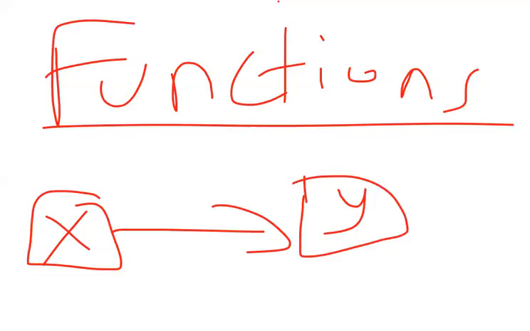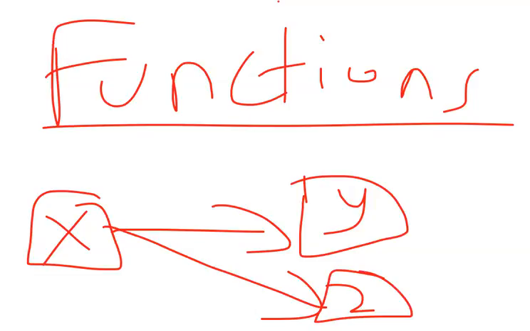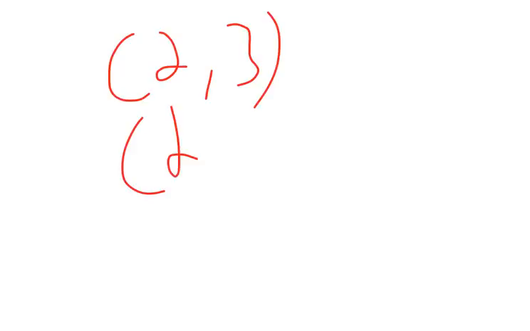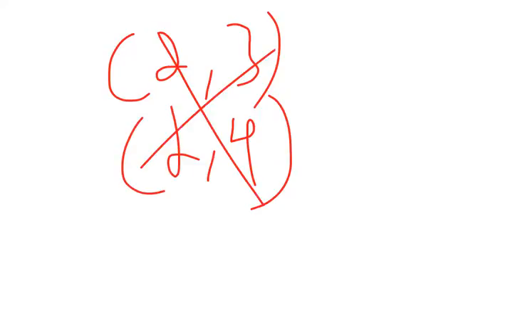And one important thing is that you only get one output, a single output. So this is not a function. If you put in one input and you get two outputs from the same input, that is not considered a function. So for example, if you write down coordinates in a graph, if you have 2, 3, and you have 2, 4, that is not a function, because 2 is your input and you have 3 and you have 4.